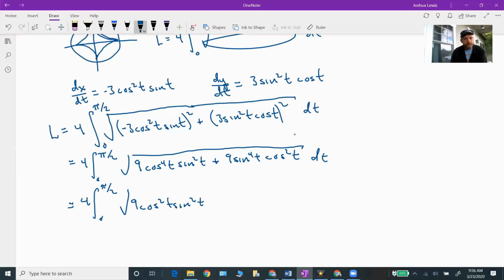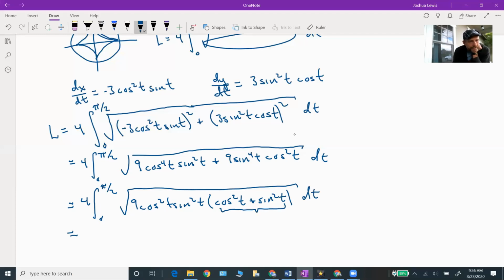And then times, well, let's see, what is this first term going to give me? Oh, it's going to give me a cosine squared. Ooh, I am getting hopeful. Plus this, oh, it gives me a sine squared. I love it when that kind of thing happens. dt. And so, of course, this piece is just 1.